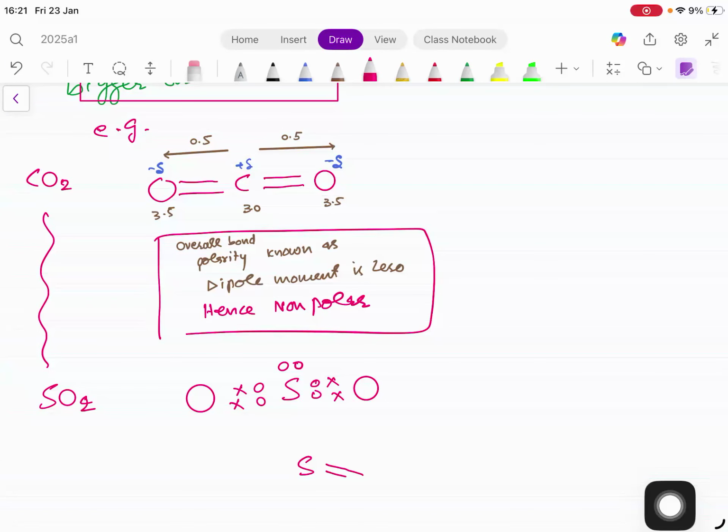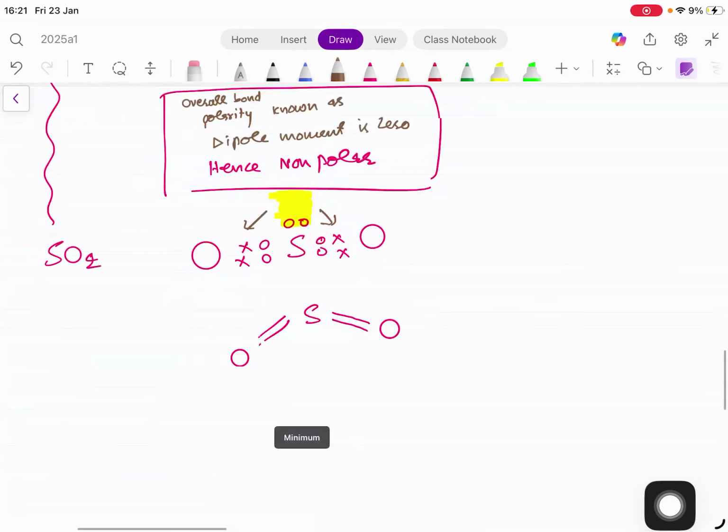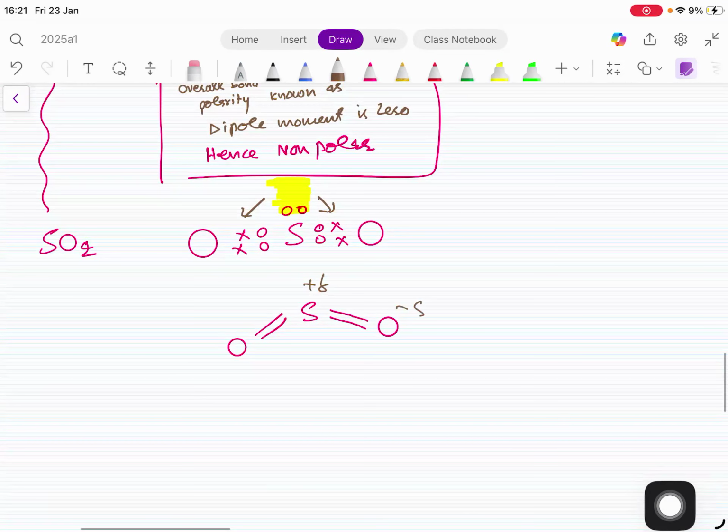But if I can remind you, sulfur dioxide is not linear. Carbon dioxide was linear in shape. Sulfur dioxide has one lone pair along with two bond pairs. And because of this lone pair, it's non-linear.